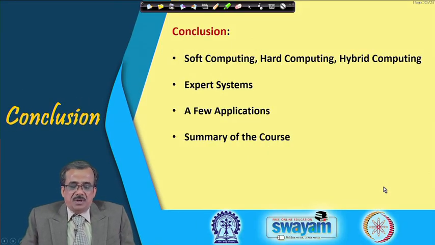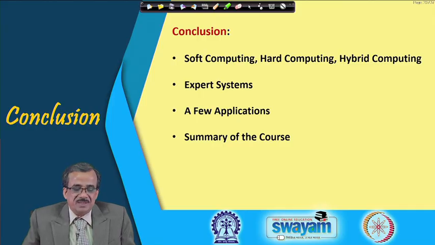Now, to conclude this particular lecture, that is lecture 9, I started with the definition of soft computing, I defined the term hard computing, I took the example of hybrid computing, and I tried to find out the reason behind going for soft computing tools.